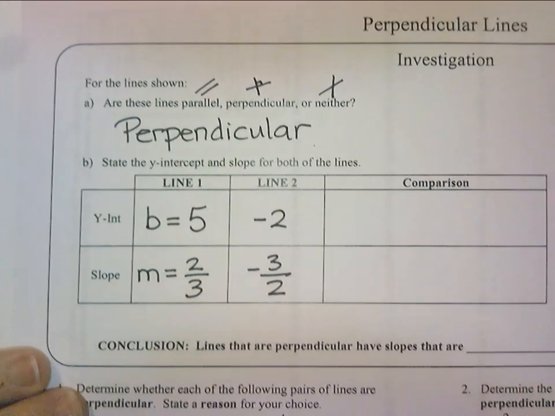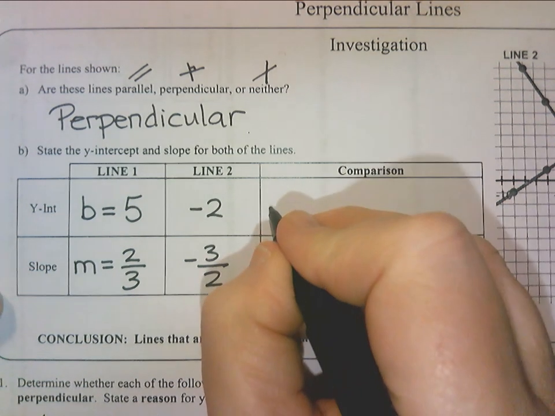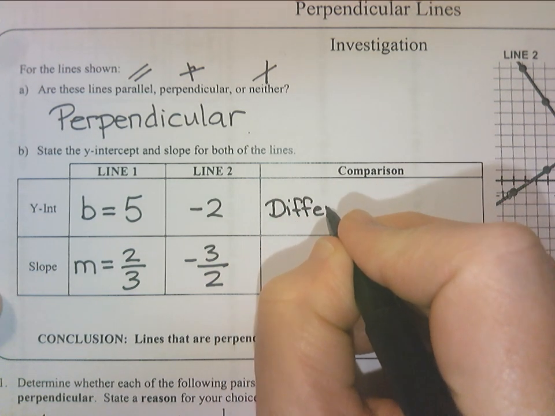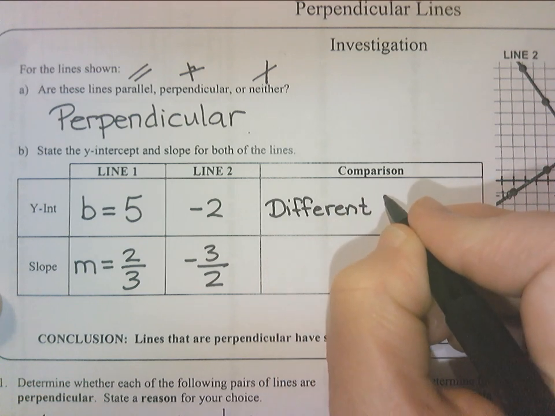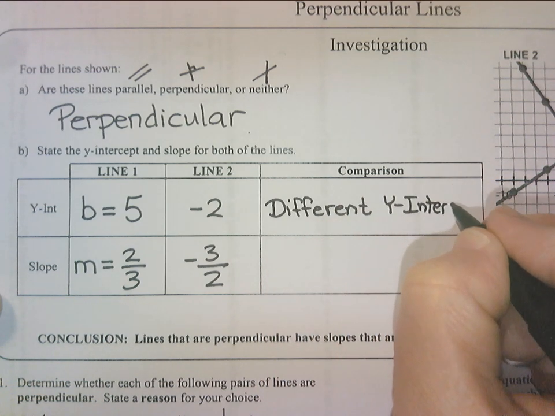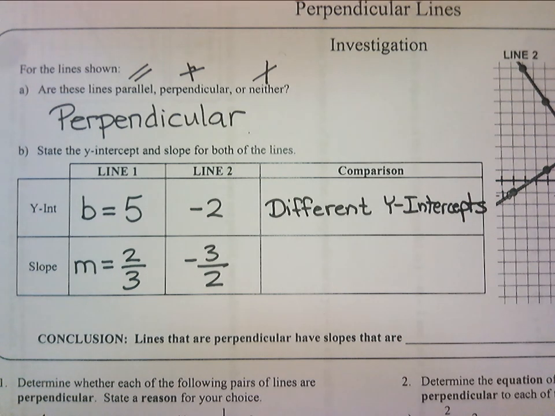Now for the comparison part, did they have the same y-intercept? No, they did not. So they had different y-intercepts.